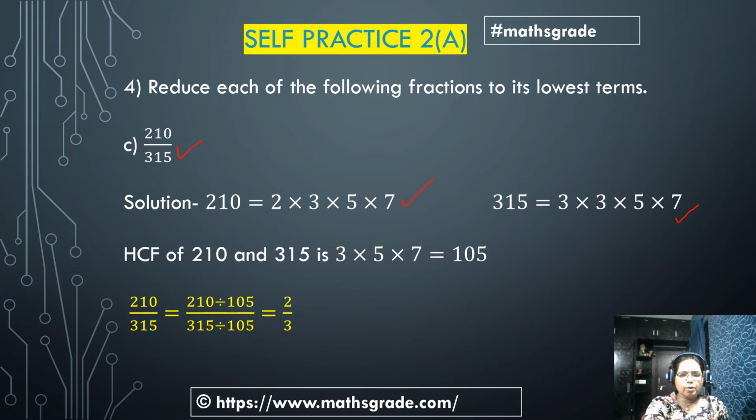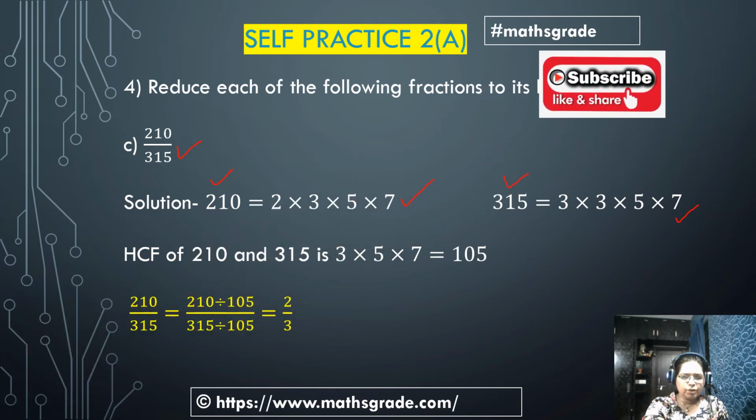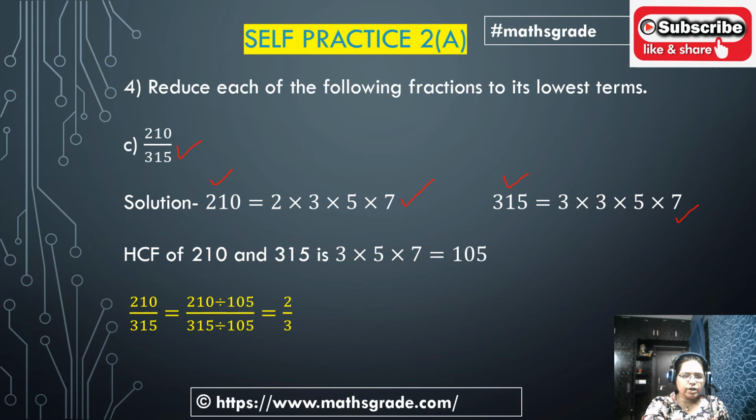Now we have to find the common factors between 210 and 315. In 210 there is only one 2, but in 315 there is no 2, so we don't write the 2. 2 is not common between 210 and 315. In 210 there is only one 3, but in 315 there are two 3s, so we write down only a single 3.